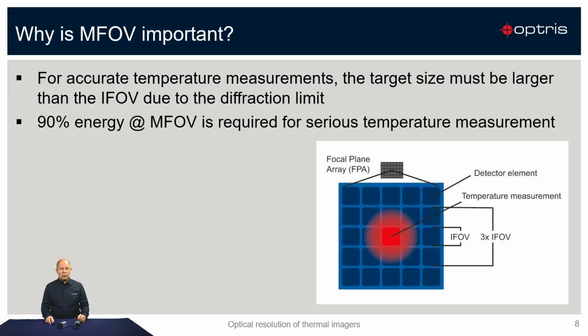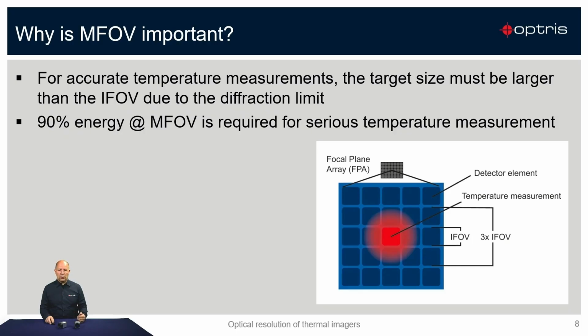And a serious value for an exact temperature measurement is 90% energy. So that means in our measurement field of view, which what we learned today has a size of 3 times 3, sometimes 4 times 4 pixel, we need at least 90% energy. So again, in this graph you see a part of our focal plane array, which is the matrix detector in our infrared imaging system.